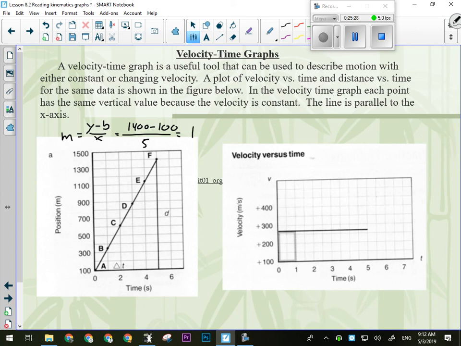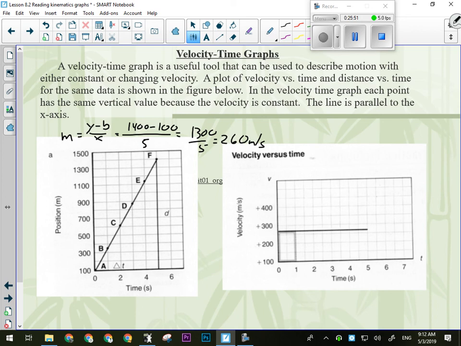So I got 1300 divided by 5, which should be 260. Is that about where the line is on that velocity versus time graph? Here's 200, 250. It's just a little bit above 250. They're showing exactly the same thing.